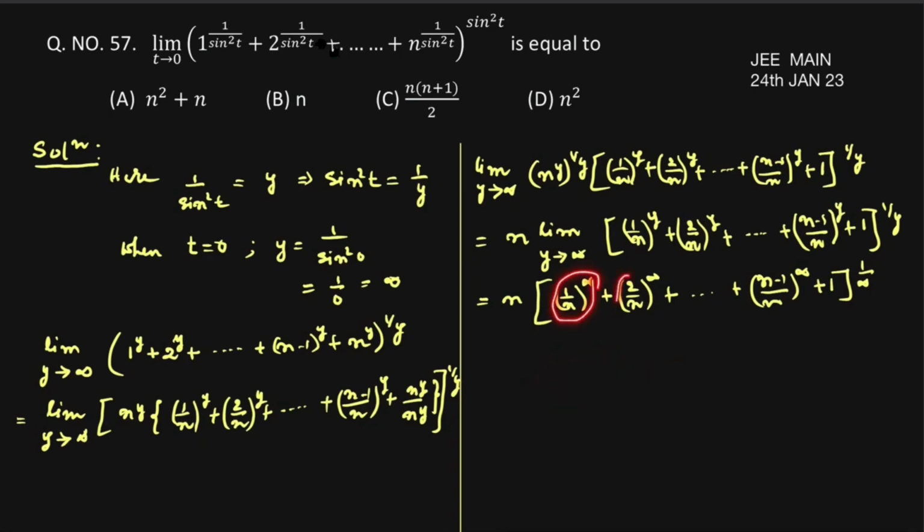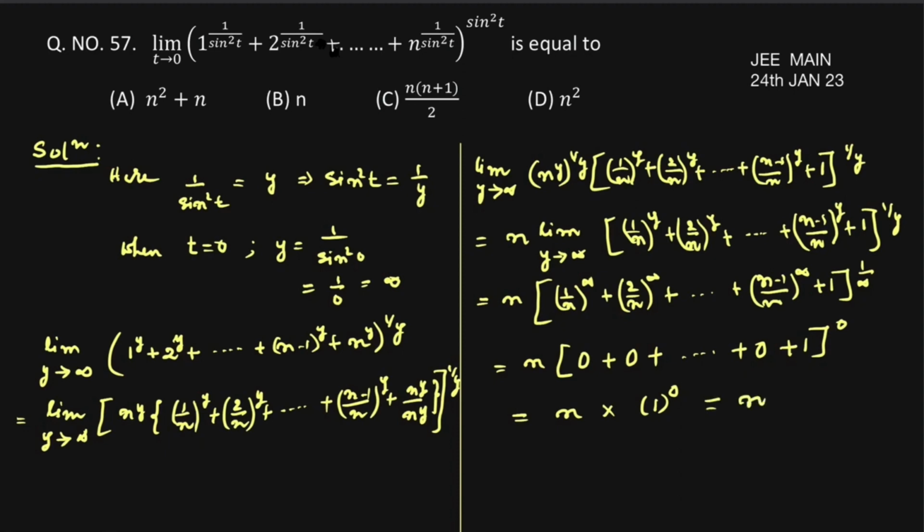So all these terms are equal to 0. And also we know that 1 divided by infinity is equal to 0. Therefore this is equal to n times (0 plus 0 plus 0 plus 1) to power 0, which is equal to n into 1 to power 0, which is equal to n. So our answer is equal to n. So option number B is our correct option.